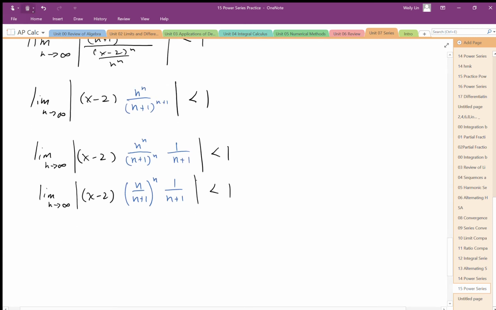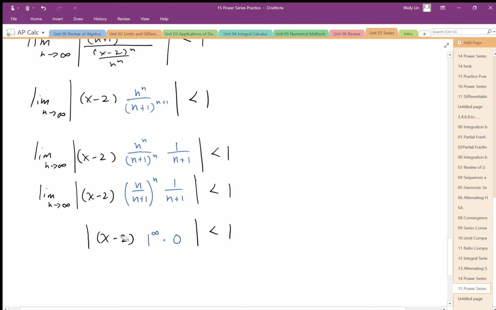So this becomes x minus 2 times 1 to the power infinity, times 1 divided by infinity, which is times 0. And then we end up with less than 1. Essentially this is all going to be equal to 0.